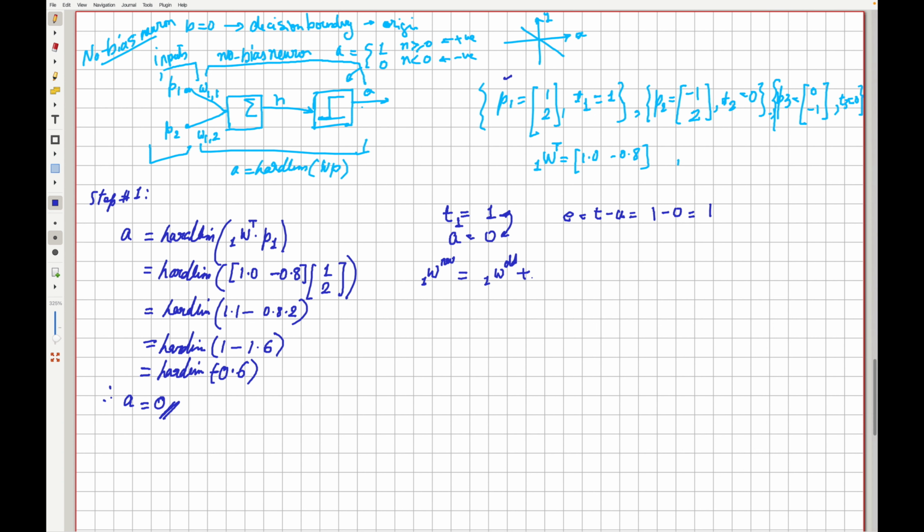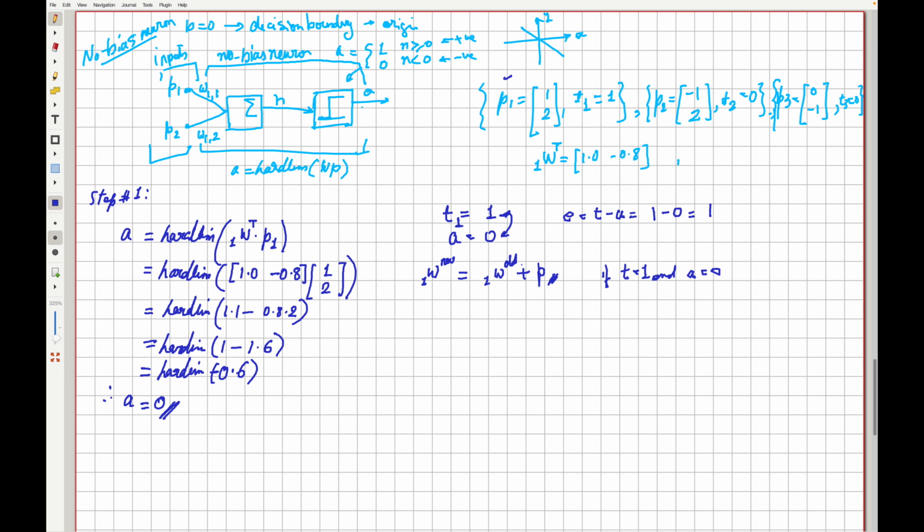And so what this says is that the sign that we use here is simply going to be plus, and then we add the value of (1, 2) to this W to get us a new value of W. And so the sign that we use here for p is just going to be a plus. Why? Because if t is equal to 1 and a is equal to 0, then we add the value for p. If it's the other way around, then we subtract the value for p.